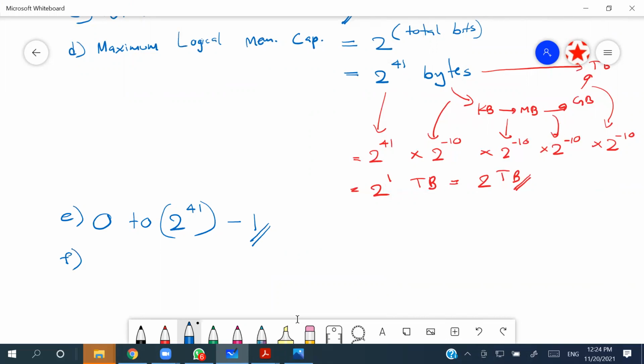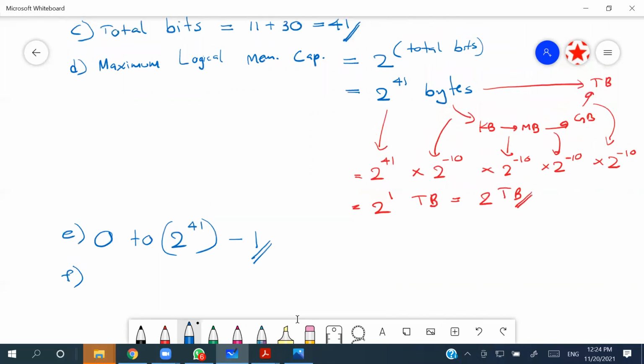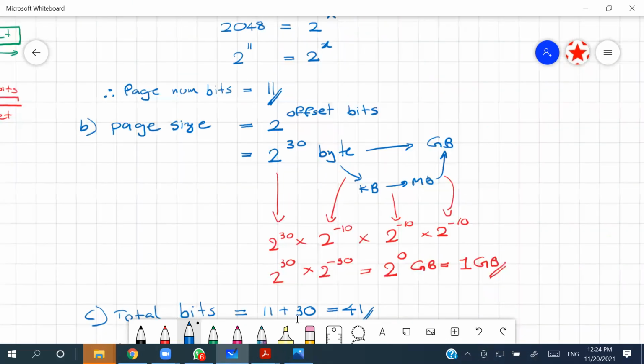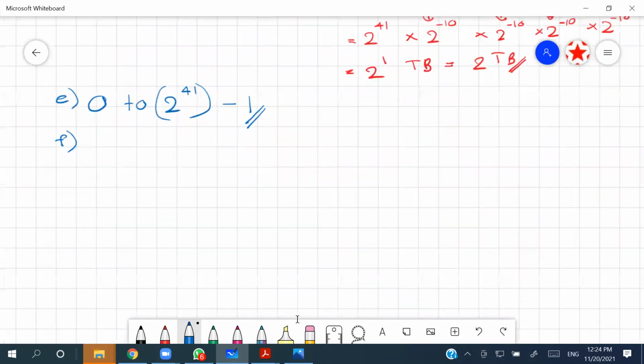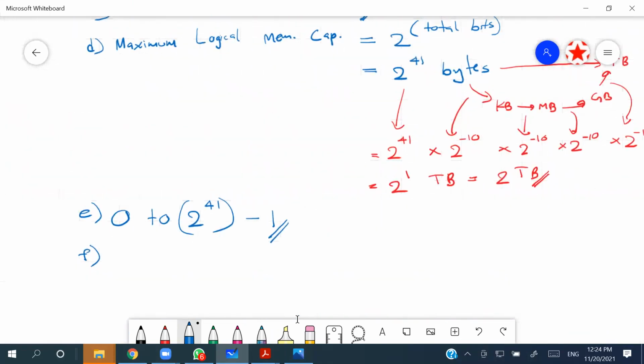So you don't need to do the calculation again. You can straight away take the page size and apply it to the frame size. We know the page size is 1 GB. So here what we are going to say is page size equals frame size equals 1 GB.